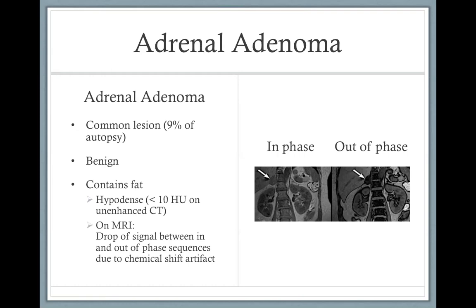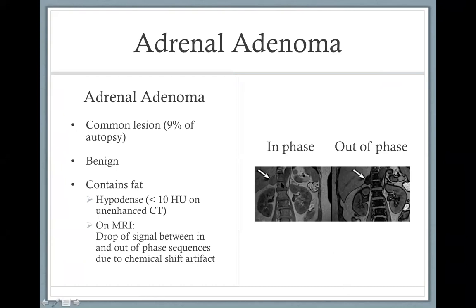Because adrenal adenomas, which are benign, are very common, it's always important for us to say, no, this is lung cancer, but not metastasis to the adrenal, because this is an adenoma. Many times we can prove it easily on CT, but sometimes we need to do more investigation, including MRI.